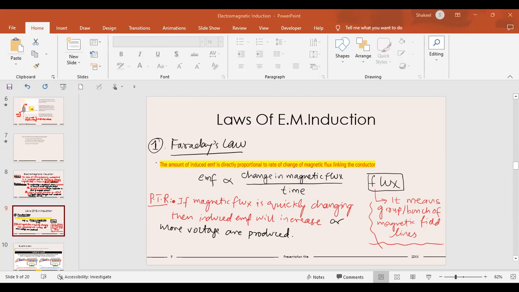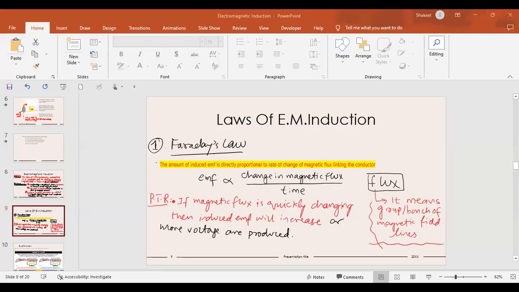So you can see from here that when I am moving the magnet towards the coil, changing magnetic field lines are linking the coil, so that induces voltage and current in the coil.